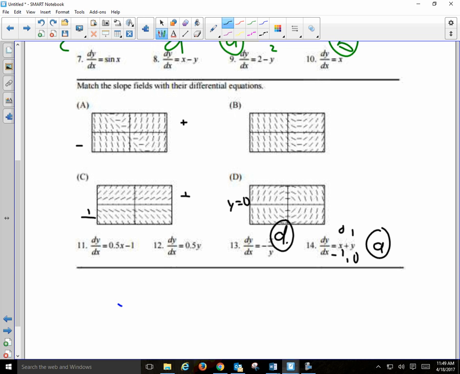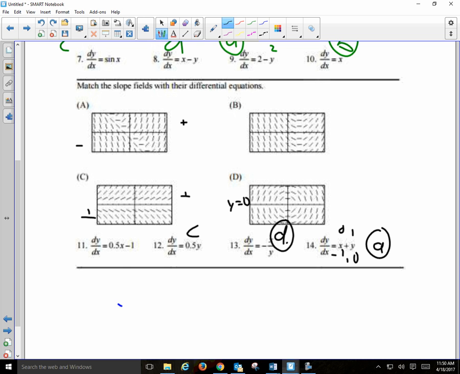So you can see that you have no slope on those spots. Okay, 1/2 y. So that means if you have y equal to 0, which would be the x-axis, then you should be at 0. And looks like we have C right here.